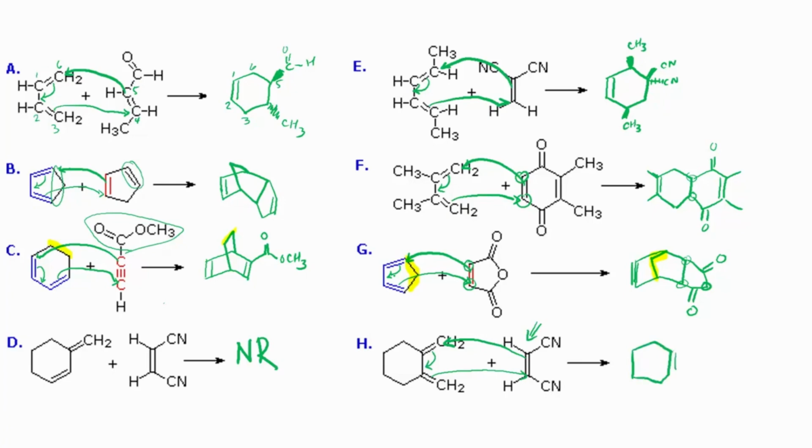So this carbon is that carbon. And my cyanides are both going to come out at me. You could just as easily have pushed them to the rear. It does have to be a syn addition, same side addition, and because my dienophile is in the cis position, that means my product must also be in the cis position.